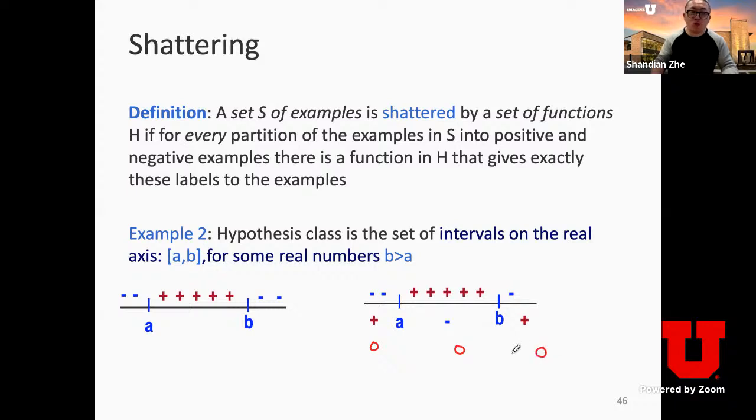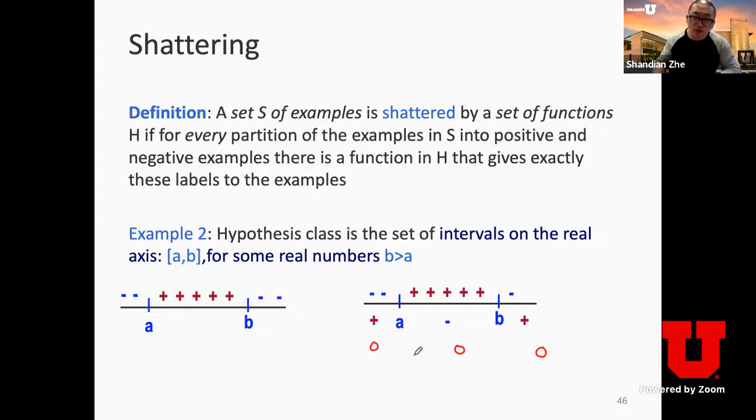Of course, if you want to verify that these 3 points can be shattered by our free interval hypothesis space, you need to enumerate all possible labelings, and for each particular labeling scheme, you need to find a classifier which gives correct prediction for all 3 labels. But here, we're not going to enumerate all 8 possible labeling schemes, but just give you a counterexample.